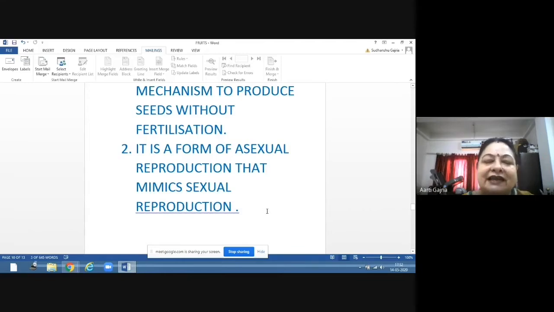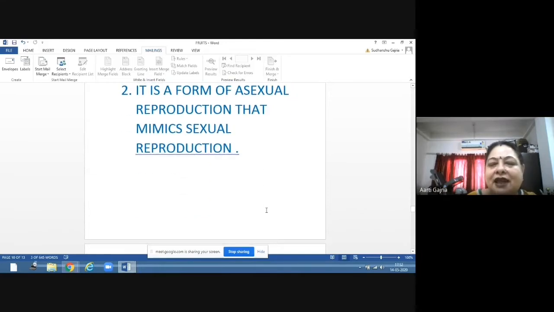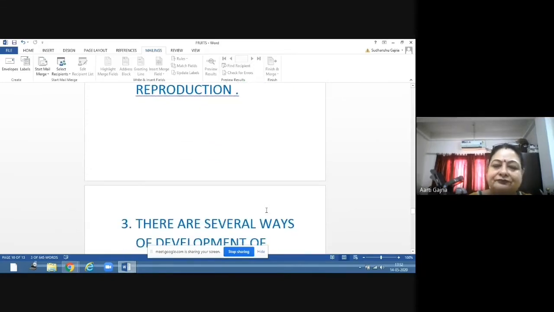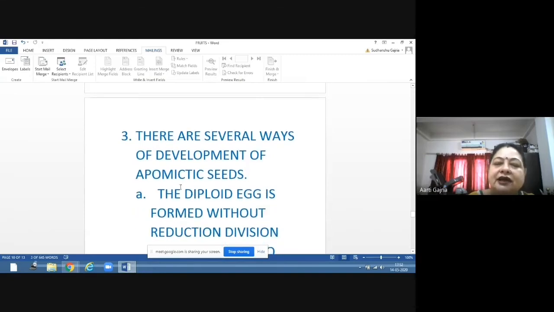Mimicry, you understand? We have mime in our annual function, where they enact like that. When you are copying someone, that is mimicry. So that means they are copying sexual reproduction. Now there are several ways by which apomictic seeds can be developed.